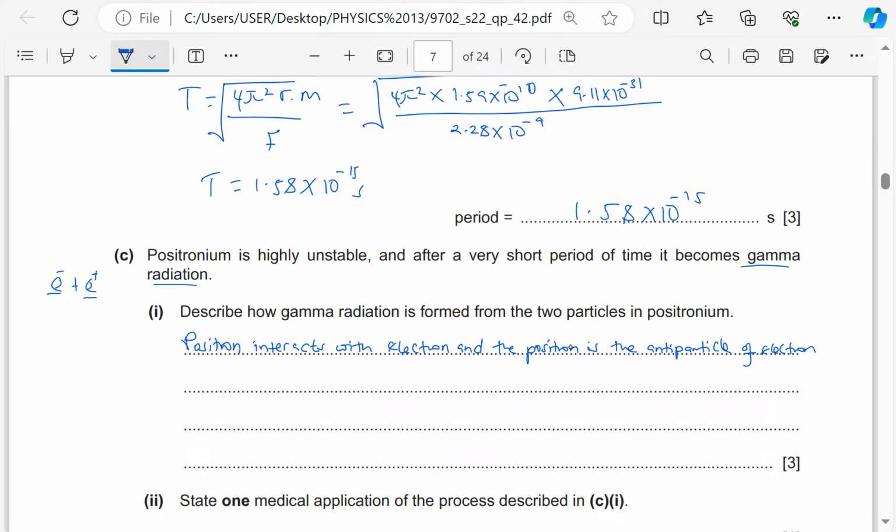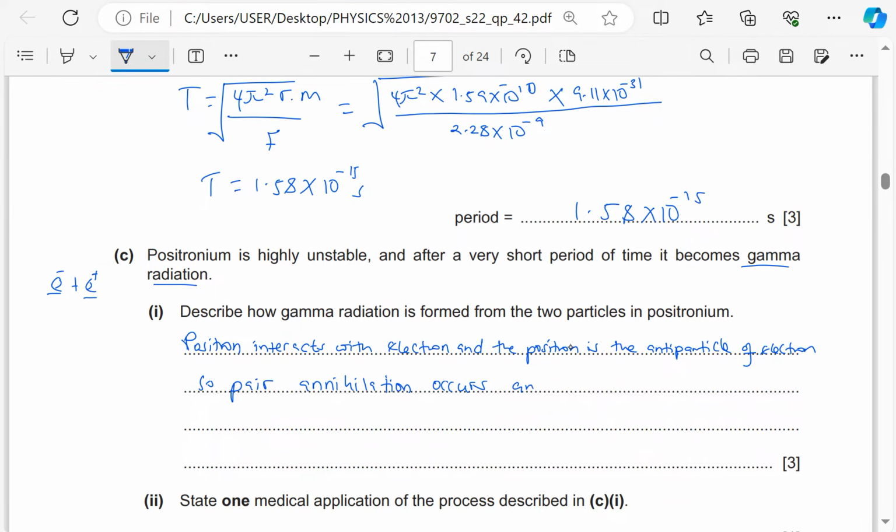So the positron is interacting with the electron, but the positron is the antiparticle of the electron. So pair annihilation occurs.